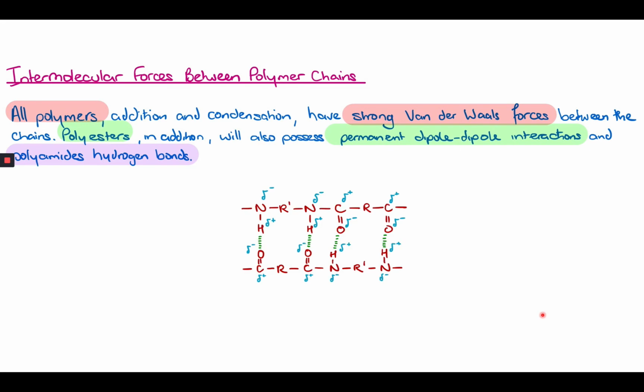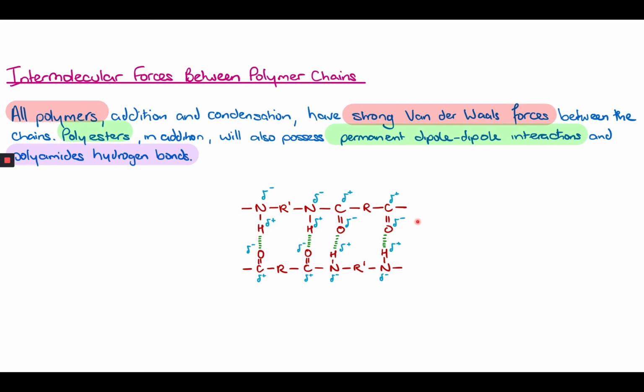So if we just show a polyamide, but bear in mind you could draw something similar for a polyester, and obviously it wouldn't be hydrogen bonds. But you can see now there are a number of hydrogen bonds between the chains.